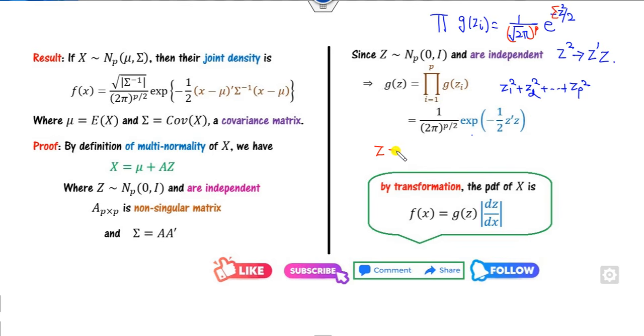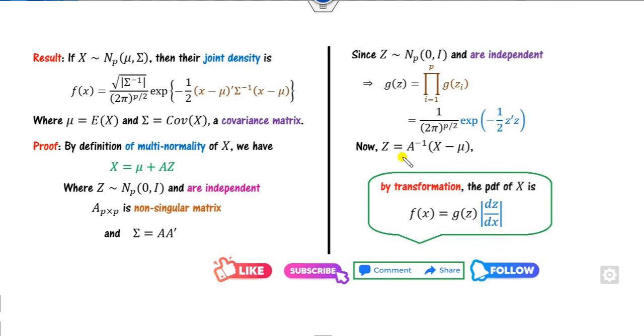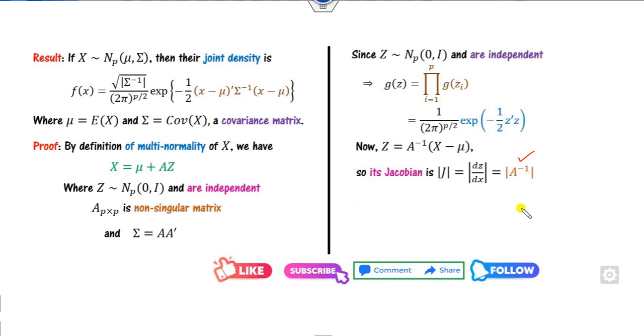So what is Z? Z will be A inverse (x minus mu). What is dz over dx? It will be A inverse. How can you find the A inverse? I can take it from here. Start from here and take the inverse of this. I can take the modulus, so it will be the modulus of A inverse.